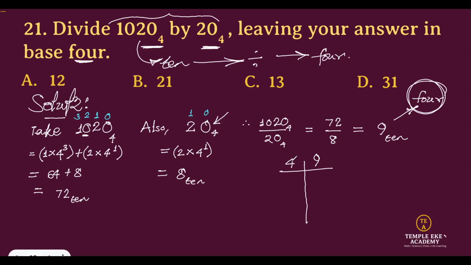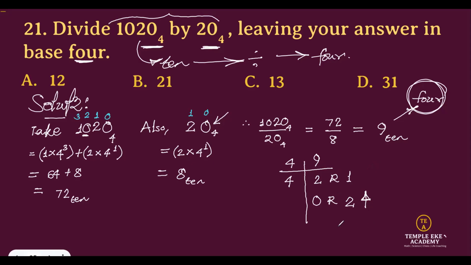Now the division process. 4 divides into 9, that will be 2 times, and there is a remainder of 1. 4 attempts to divide into 2, that's not possible. So we're going to write 0, and now that 2 will be taken as the final remainder. Now the answer will be the combination of these remainders written in reverse order, that is from the bottom to the top.